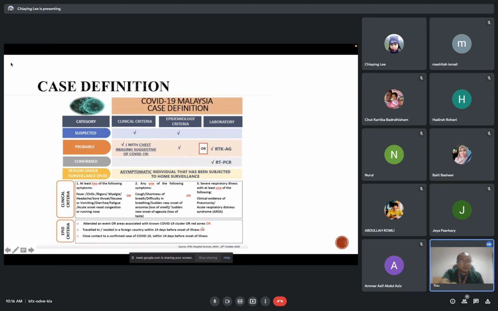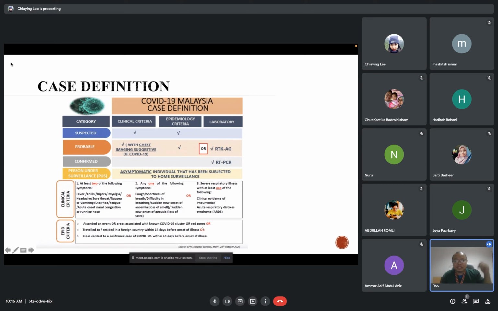Because at the time this guideline was published, COVID wasn't in the community yet. You still needed to have a history of contact and everything. But nowadays history of contact too is not as relevant, because pretty much anyone can have COVID. Pretty much everywhere you go there is COVID.